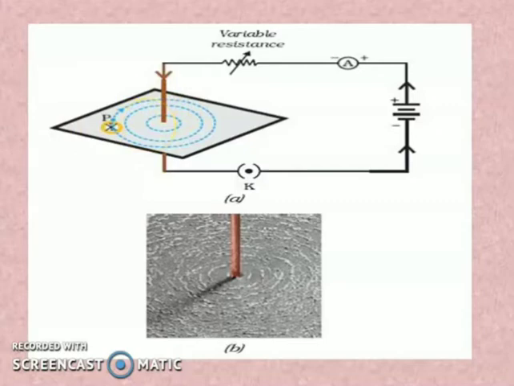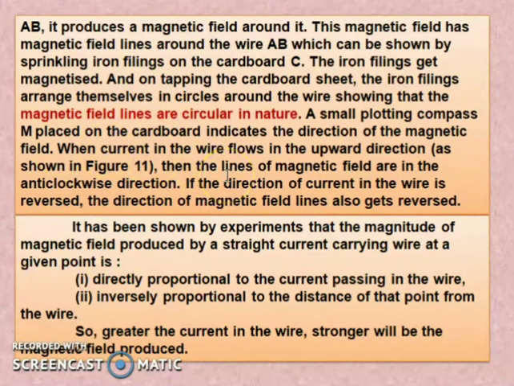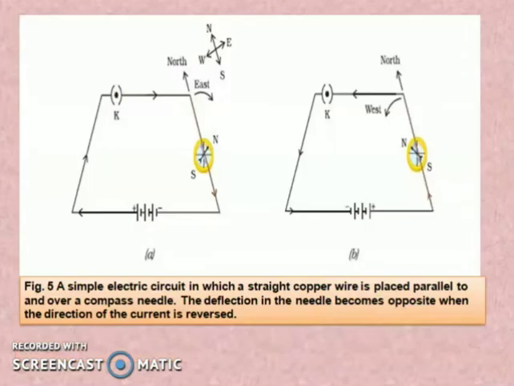Now if the direction of the current in the wire is reversed, then you can see that the direction of the magnetic field lines also gets reversed. As seen earlier in the current carrying wire, if the current is moving from north to south, the deflection will be towards the east.